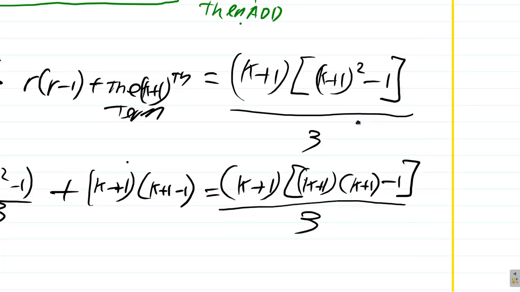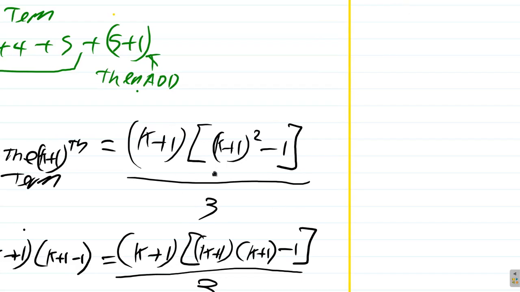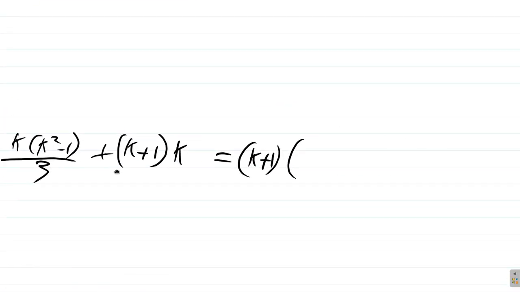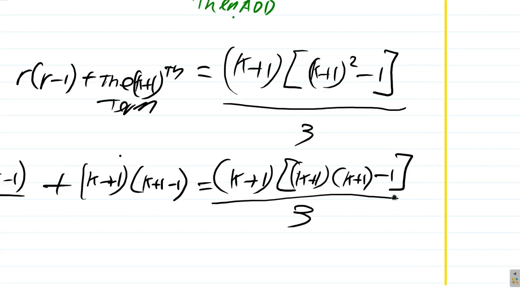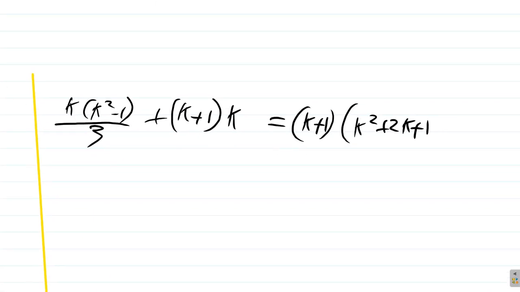K squared plus 1k plus 1k is k squared plus 2k plus 1. If you multiply it out, it's k squared plus 2k plus 1, right? So you have k squared plus 2k plus 1 minus 1 all over 3. So all of this minus 1 all over 3.